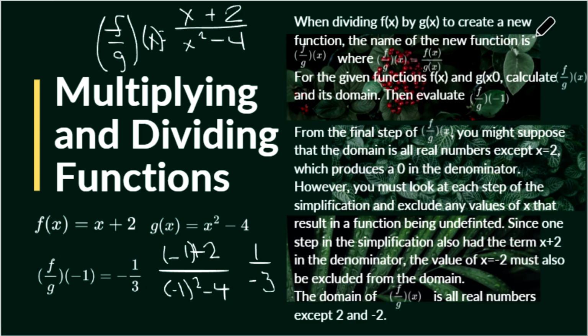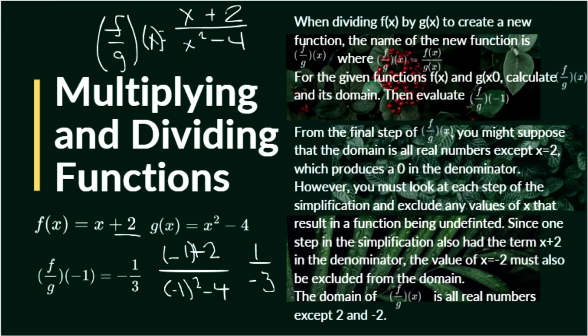Okay, so from the final step of f divided by g of x, you might suppose that the domain is all real numbers except x equals 2. Why they think x equals 2 is not included, I'm guessing is because of this 2.